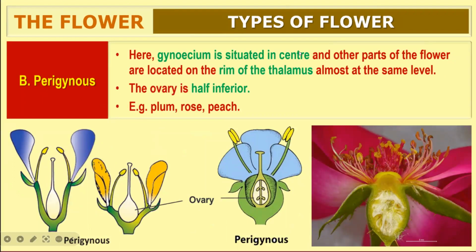The gynoecium is situated in the center and the other parts of the flower are located at the rim of the thalamus, almost at the same level. That means the ovary and other parts are at the same level. Here the ovary is called half inferior. Example: plum, rose, peach.